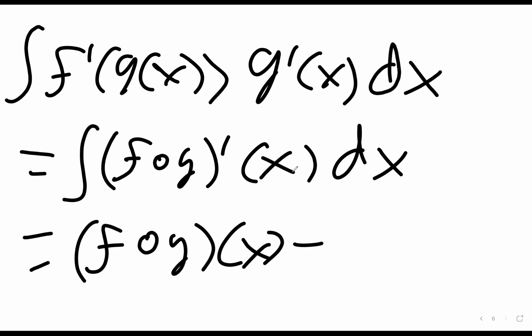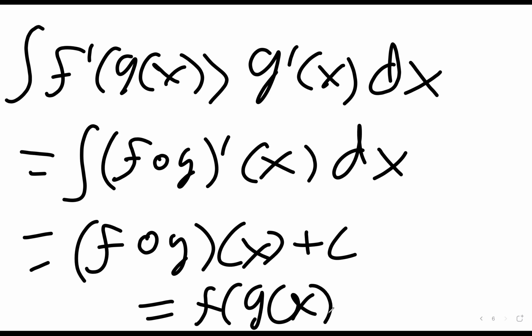Simply this one, and of course I can write it as f(g(x)) plus a constant. Okay, so you know that, but of course we will learn later on that this is the so-called substitution method for simplifying the integral.